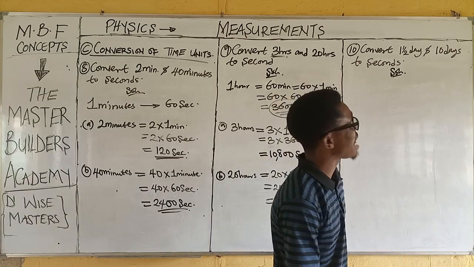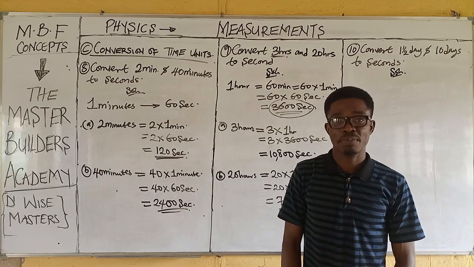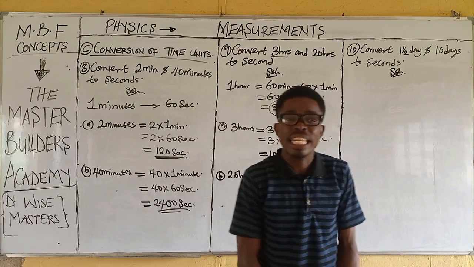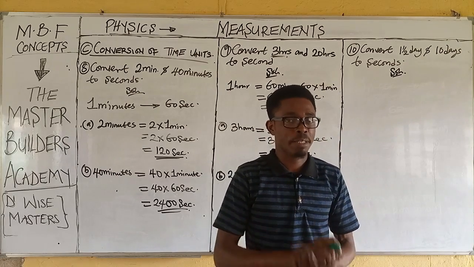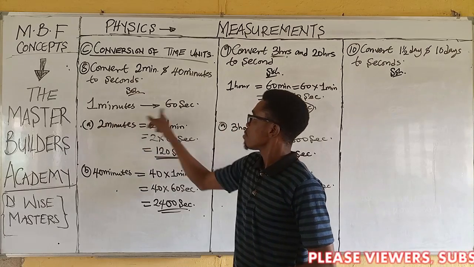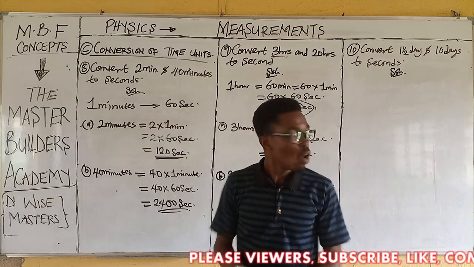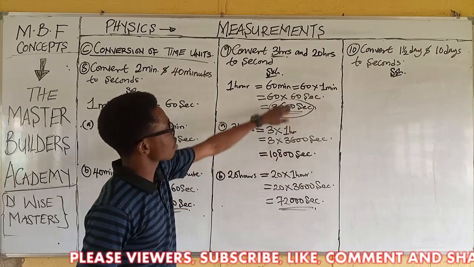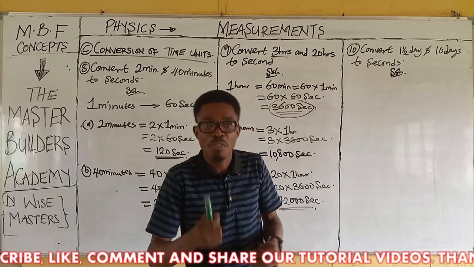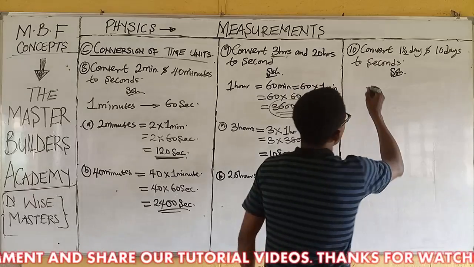And also to convert 10 days to seconds. So all I need to know is what is 1 day in terms of hours. Just the same way we knew what 1 minute is in terms of seconds, what 1 hour is in terms of seconds, and now what is 1 day in terms of seconds. Now let's work that out.